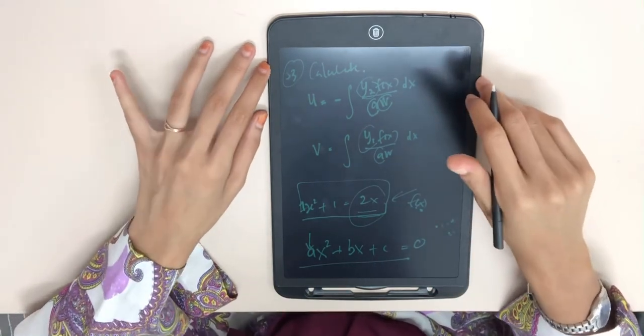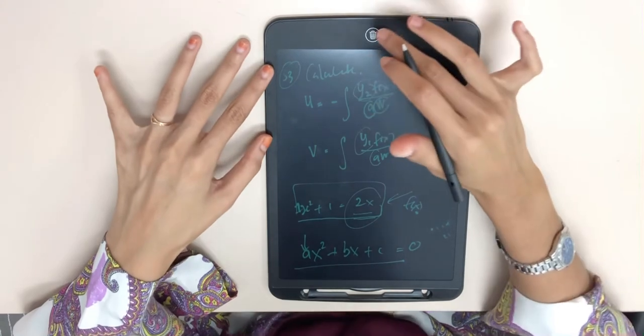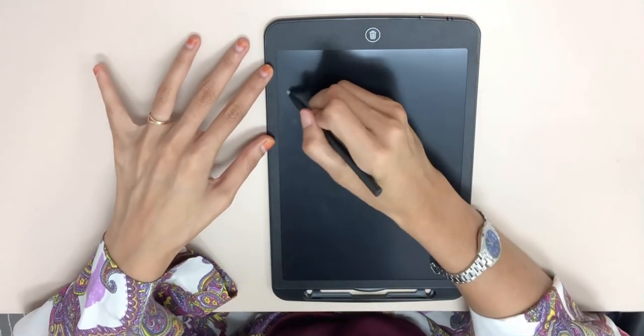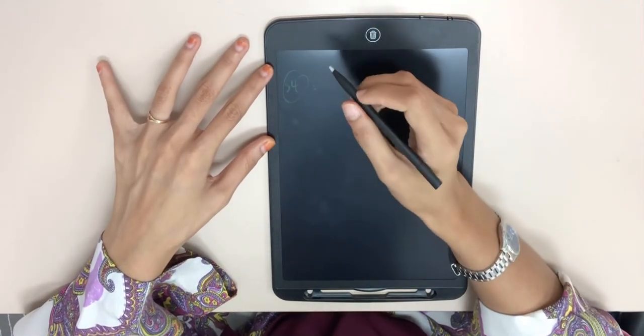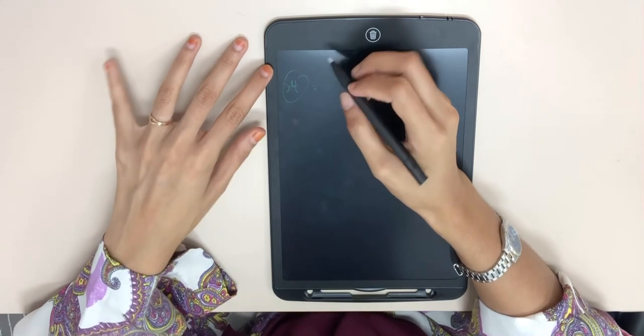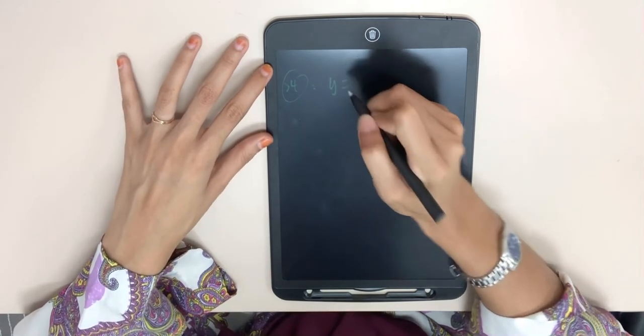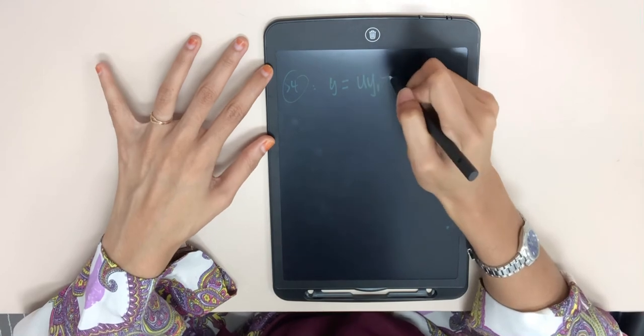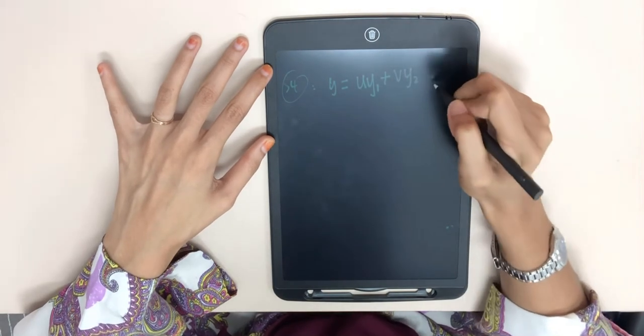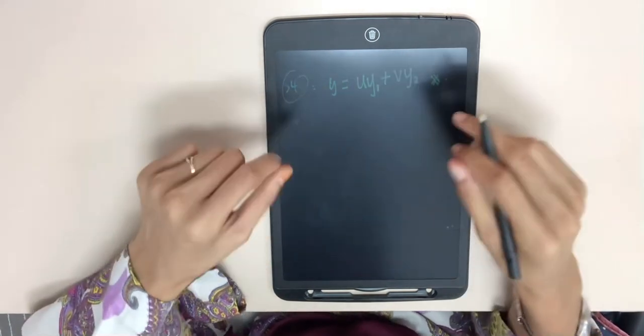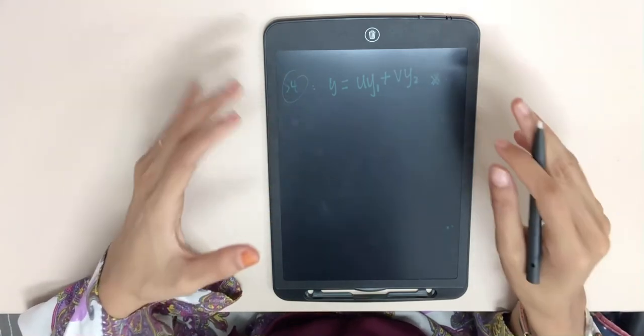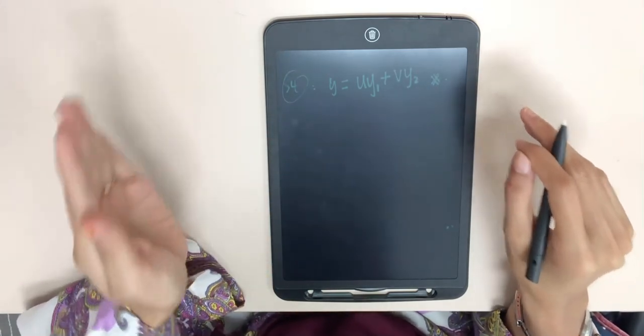The last step is step number 4. After you have done all the calculations, the general solution is given by y equals u y1 plus v y2. This is the final answer for the non-homogeneous equation by using variation of parameter.